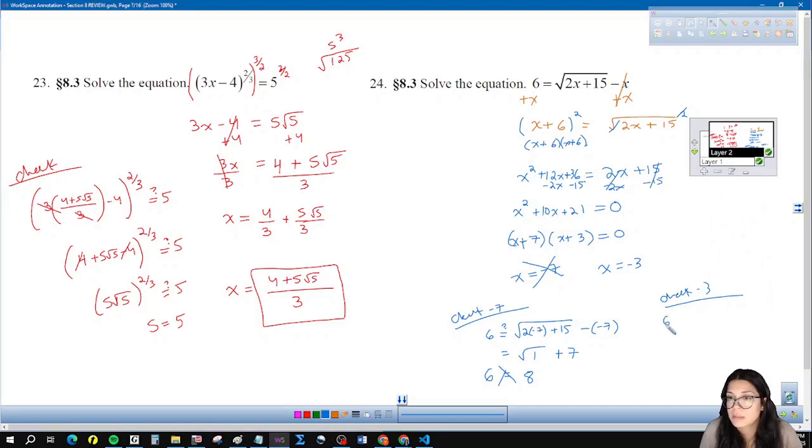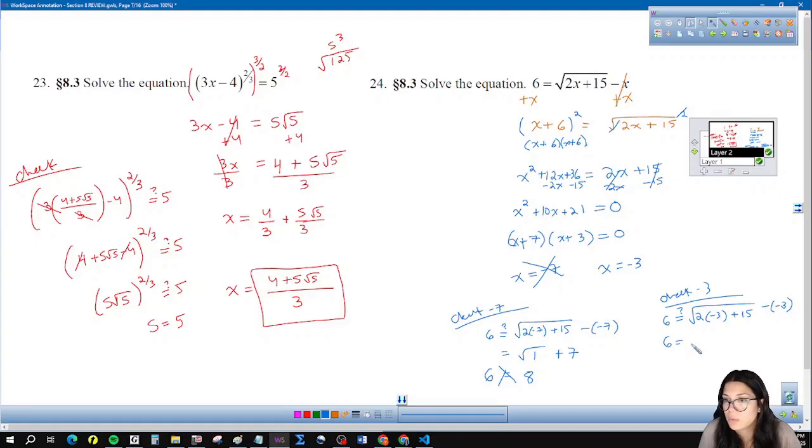So 6, does that equal the square root of 2 times the negative 3 plus the 15, and then on the outside of the radical minus the negative 3?